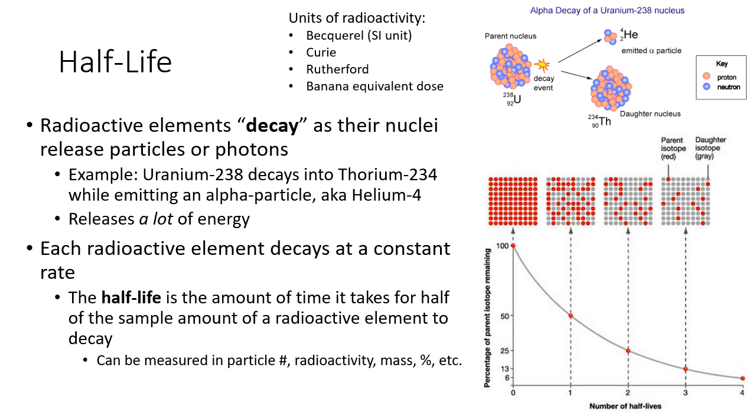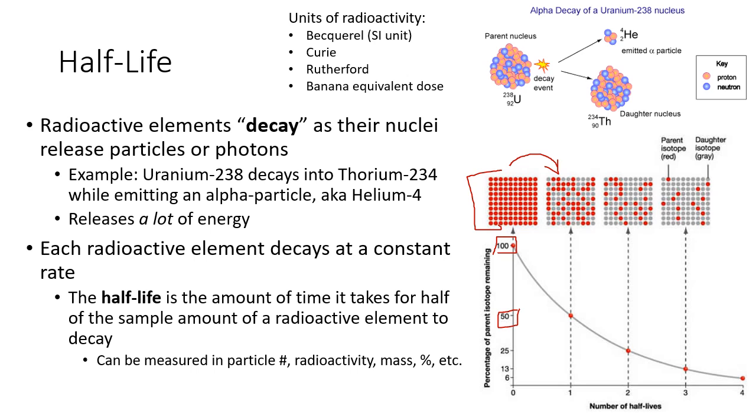Okay, it's going to take a known amount of time, in the case of U-238, 4.5 billion years, to go from 100% of the sample down to 50% of the sample. So it's going to take one half-life for half of that sample to decay.